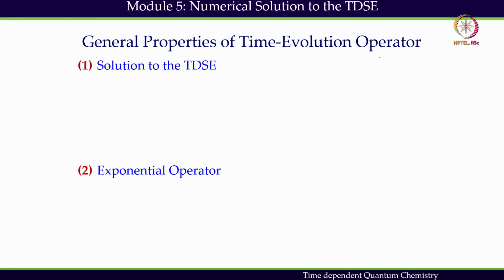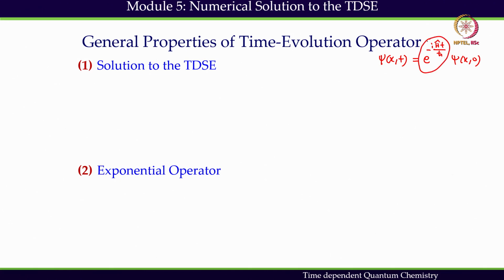So, in this expression, I have psi(x,t). At any time I would like to find the wave function, that can be done if I know the initial wave function and then employ the time evolution operator on it.